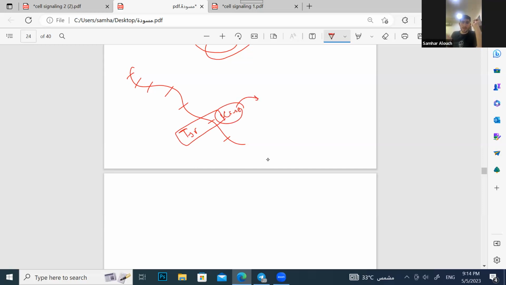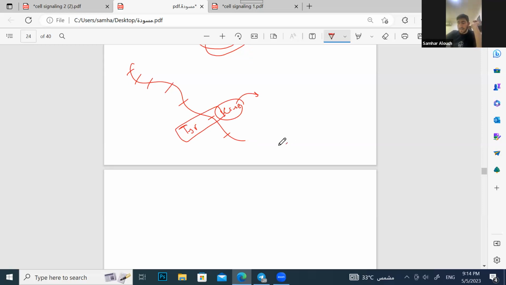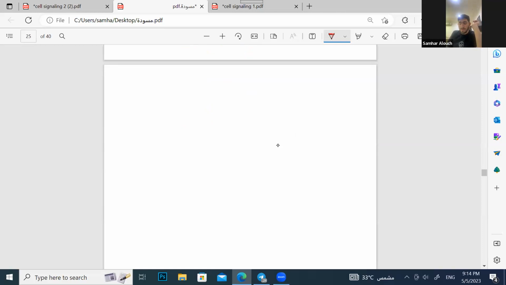And this kinase phosphorylates other proteins and other receptors. So as I said, we have the membrane and we have the receptor. The receptor has a tyrosine kinase, which means that at the tyrosine residue, we have a kinase. This kinase phosphorylates other things once the ligands bind here.